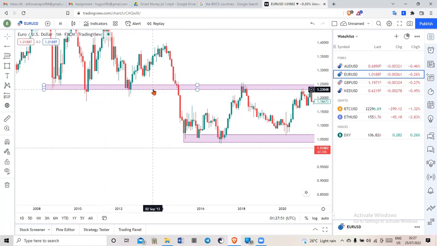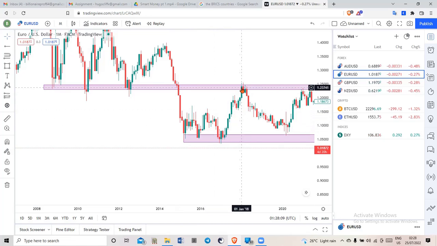As price broke it, price is now using it as a ceiling. So you can envision this as a storey building, where this is the first floor and this is your ground floor. That's just it.